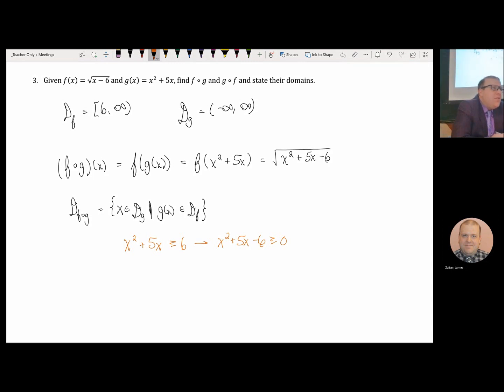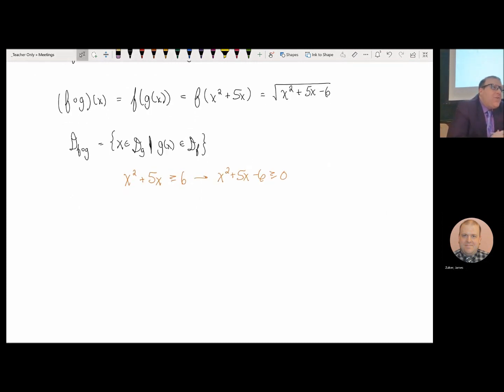Because we've solved this before, right? We did this when we looked at domain and range. You need to find the breakpoints. Those are all the points where x squared plus 5x minus 6 is equal to 0.